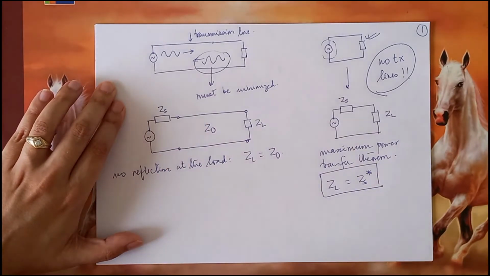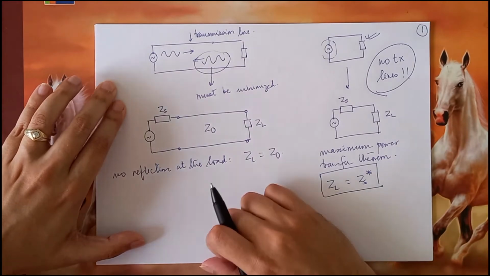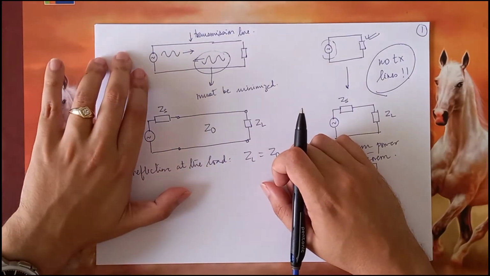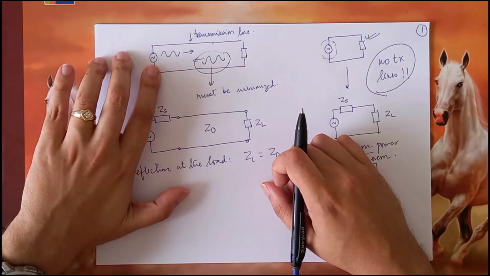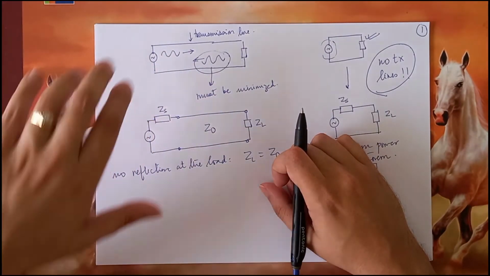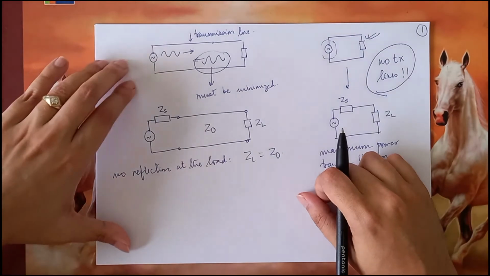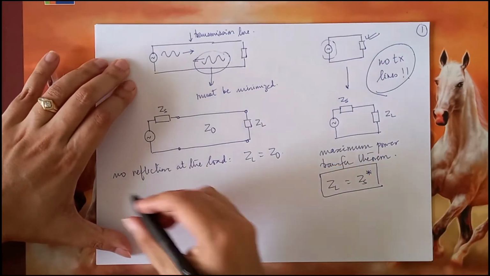What about the source end? In the previous lecture, when we were trying to analyze transmission lines from a time domain perspective, we saw that yes, indeed, there are some reflections at the source end also. So therefore, that should definitely be considered.